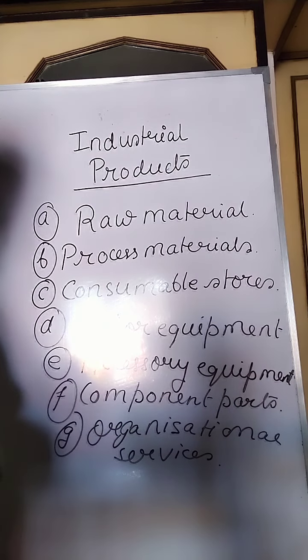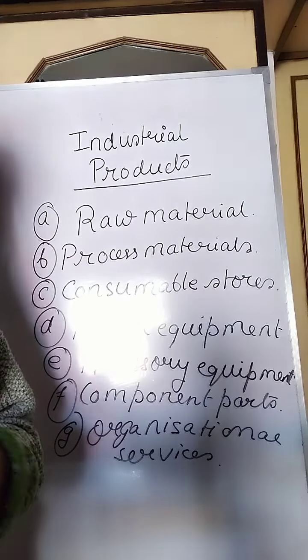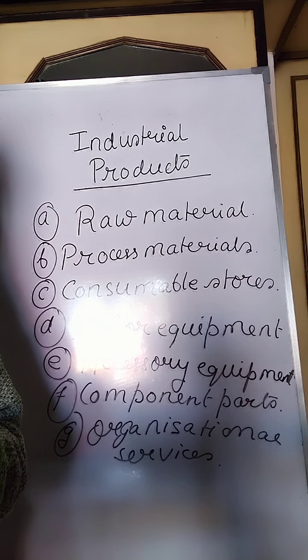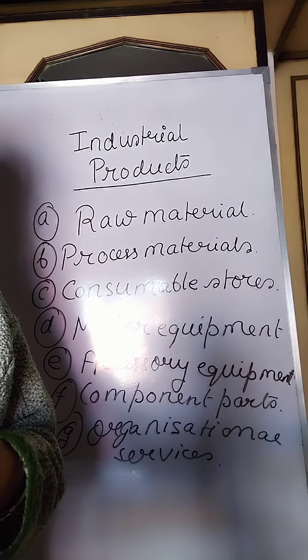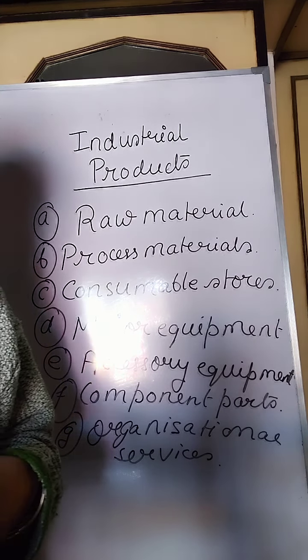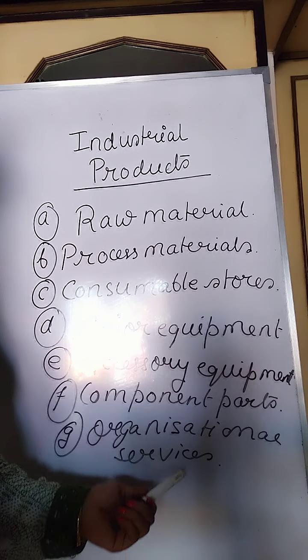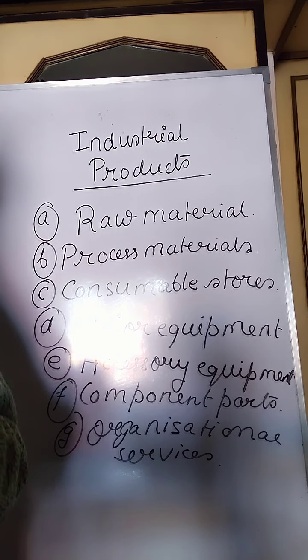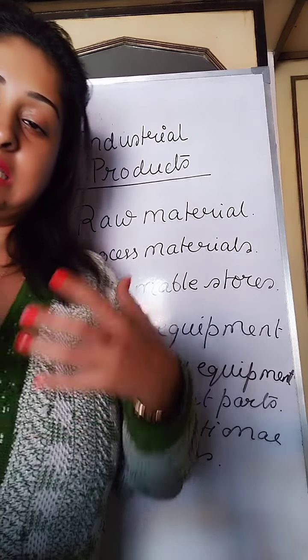Services mean those are not products; they are intangible in nature, and many organizations use them in their production or office activities. Organizational services include financial services, legal assistance, technical guidance, computer programming, market research, etc. Organizations can obtain these services from outside agencies or can have their own services internally.